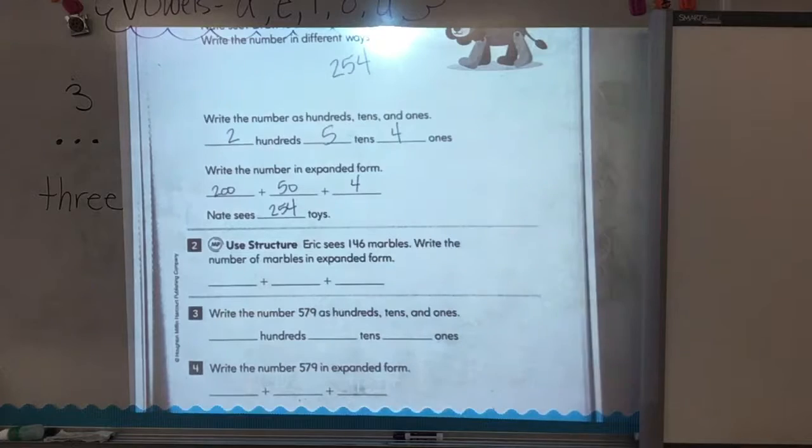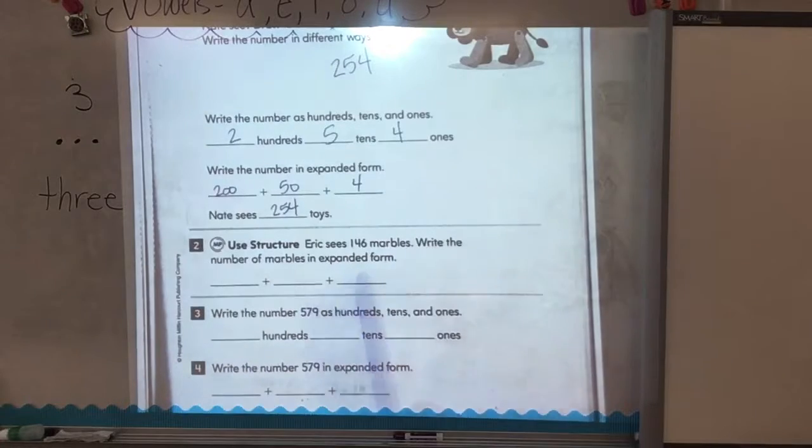Okay, Eric sees 146 marbles. Write the number of marbles in expanded form. And everybody needs to really focus on the language because students are getting confused. Okay, are they looking for hundreds, tens, and ones? Should I put 1, 4, 6? And I've really tried to hit home that when I'm saying expanded form, I'm wanting the value of each number.